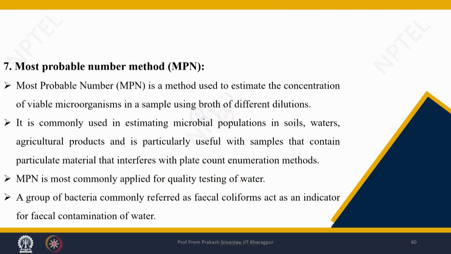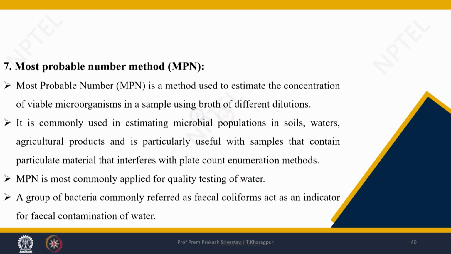Now, the most probable number, or MPN. The most probable number is a method used to estimate the concentration of viable microorganisms in a sample using broth of different dilutions.